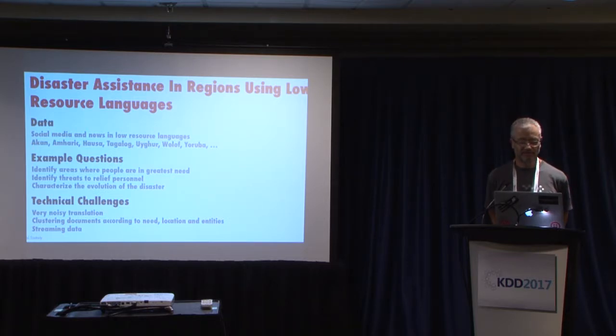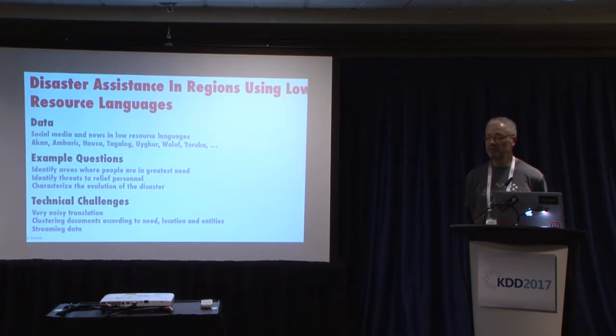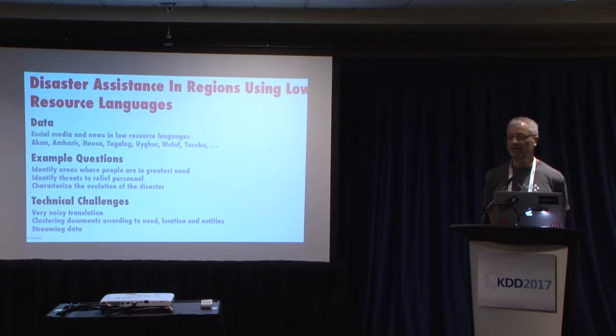They are all languages that many people haven't heard of. And so you want to do very simple things like identify areas where people are in greatest need. And what is the need? Do they need water? Do they need food or shelter? Also try to identify threats to the relief personnel.